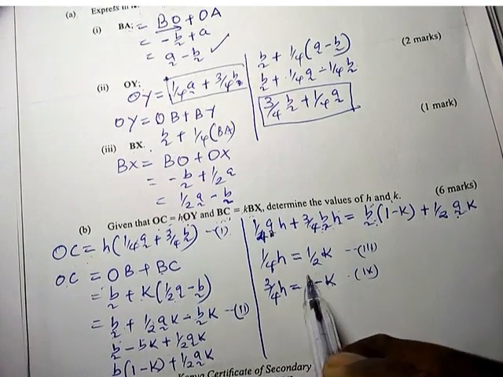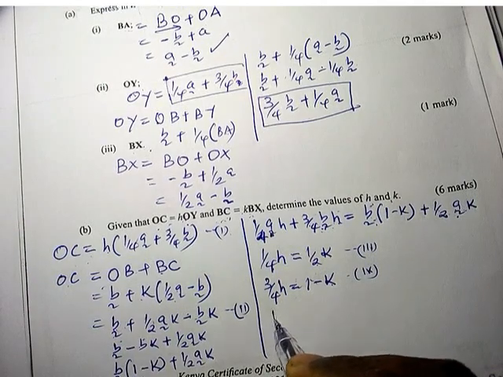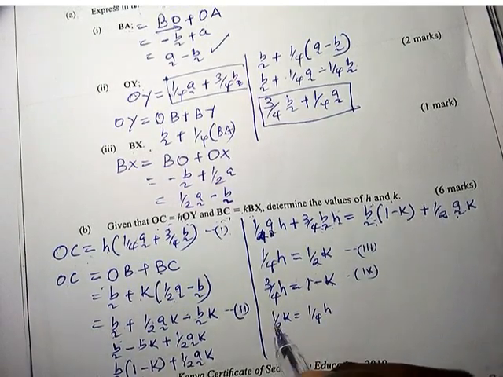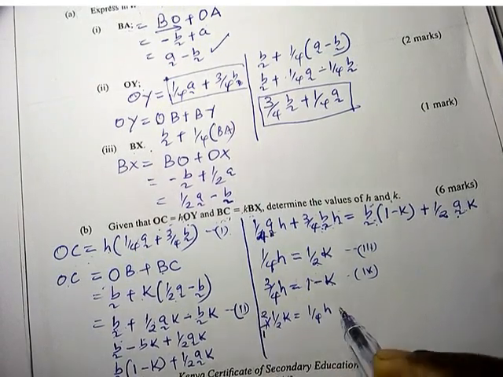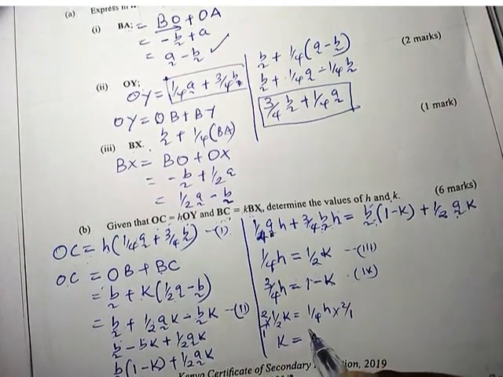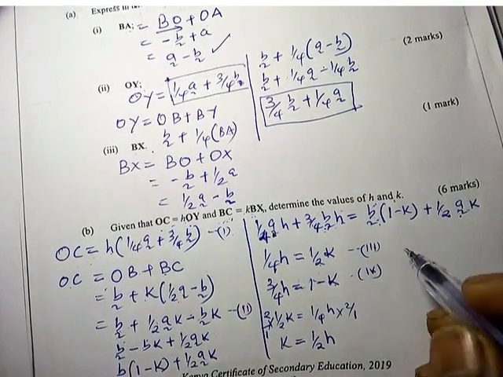Let me make K the subject of the formula. So I will say a half K is equal to 1 over 4 H. I want to make K the subject, so I will multiply by the reciprocal, 2 over 1 times 2 over 1. So K is going to be 1 over 2 H.